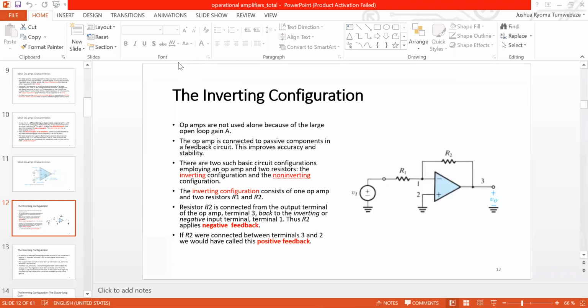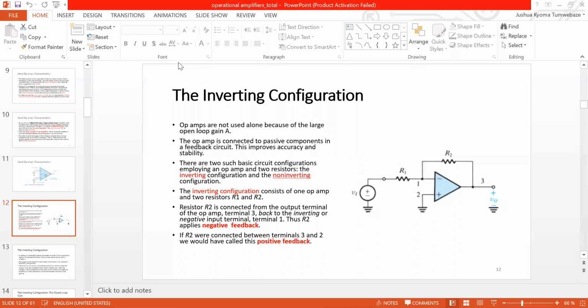So we've already mentioned that if you apply R2 between terminals 1 and 3, you apply feedback, and it's negative feedback. Later on, we'll understand why. But simply put, it's because it's connected to the inverting input terminal, where we're subtracting. There's some kind of subtraction there.